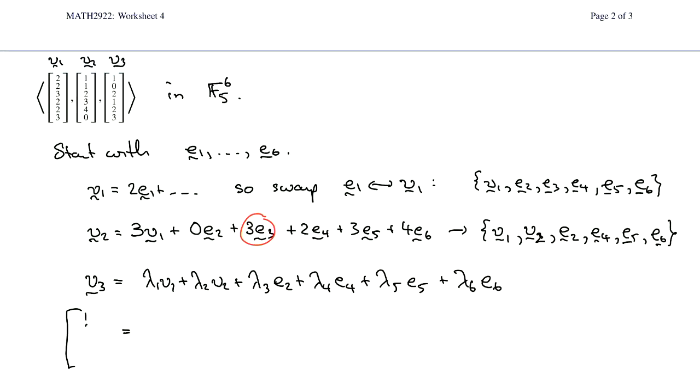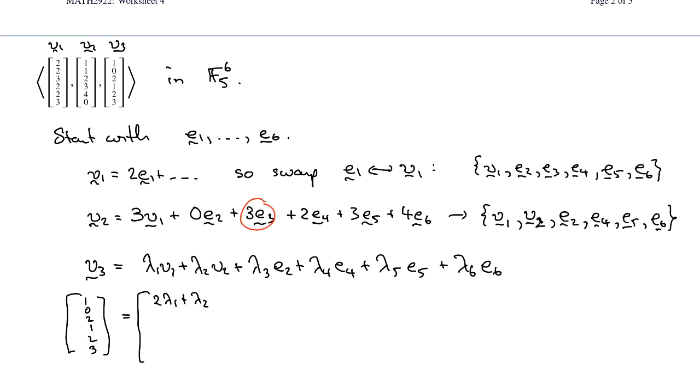Because that says 1, 0, 2, 1, 2, 3 equals, so lambda V1, that's 2 lambda 1 plus lambda 2. And then I haven't got any E1s left, so that's the end of that. The E2 component, I've got 2 lambda 1 plus lambda 2 again.